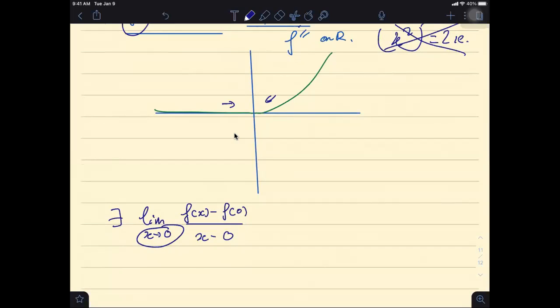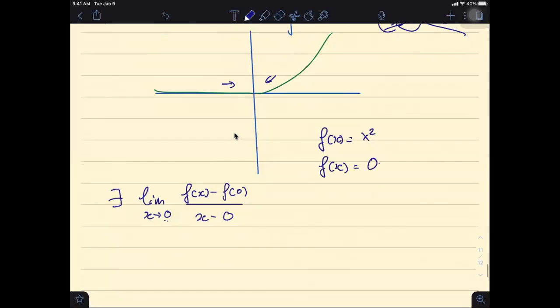But for the left, you have a different f of x, and from the right one, you have a different f of x. So f of x from the right gonna be x squared, and f of x from the left gonna be equal 0, right? So which one do you pick for this one? I just divide into 2 cases.